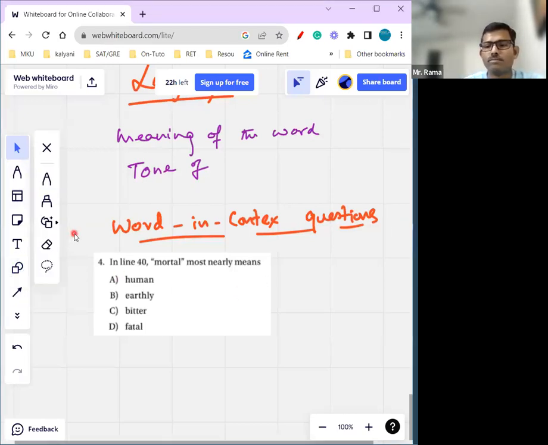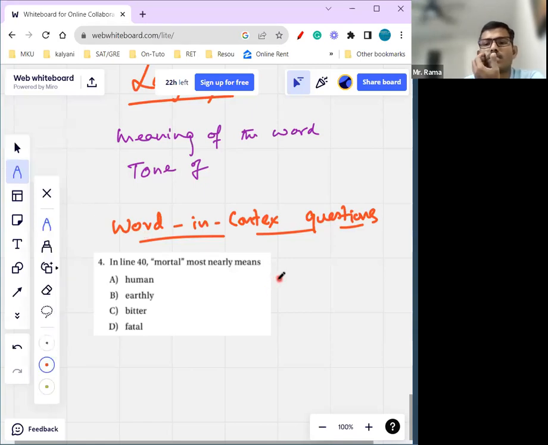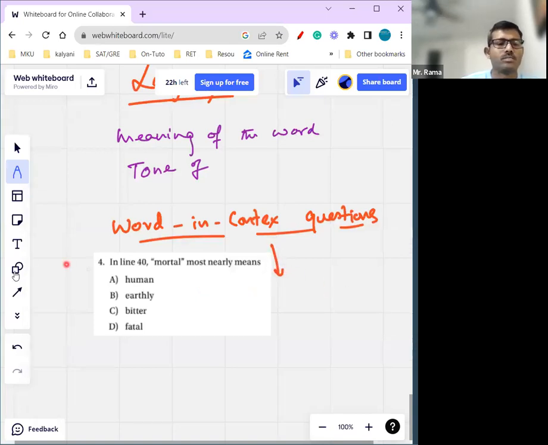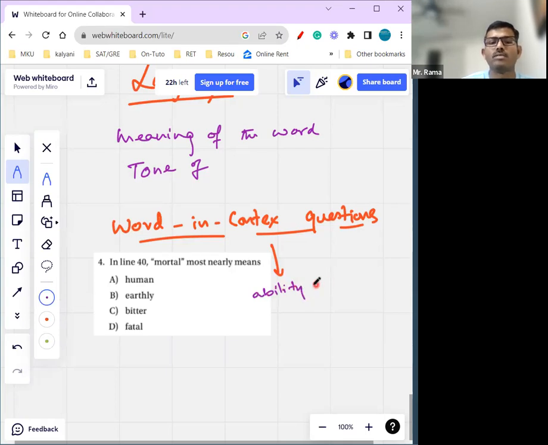The verbal inference skill is your ability to determine the meaning of the word based on the context, based on the given situation, basically, okay?